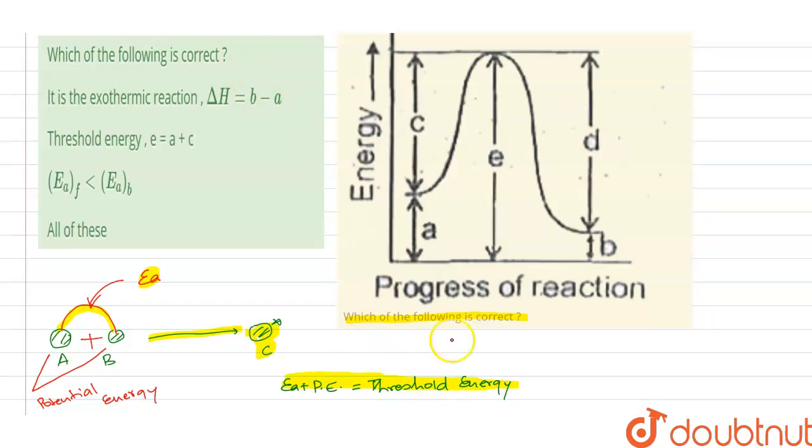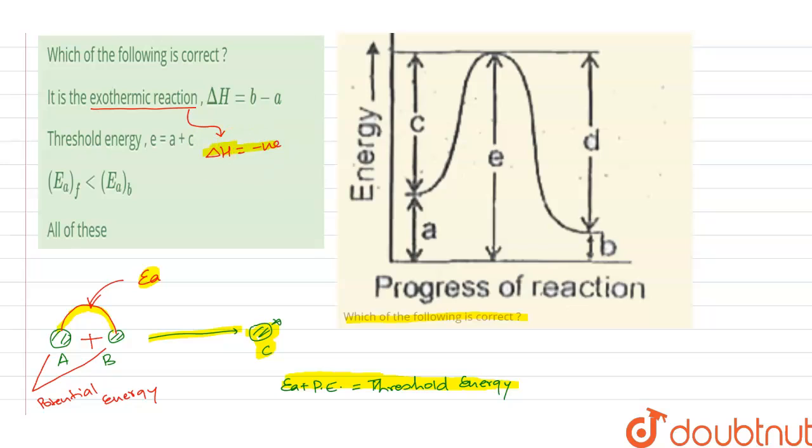So this is all about the basic concepts. Now here our question arises, what is an exothermic reaction? An exothermic reaction is a reaction in which there is a change of enthalpy, and that change of enthalpy is negative.